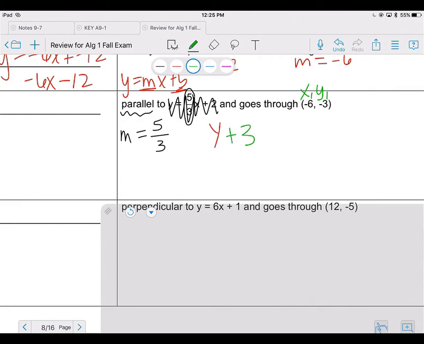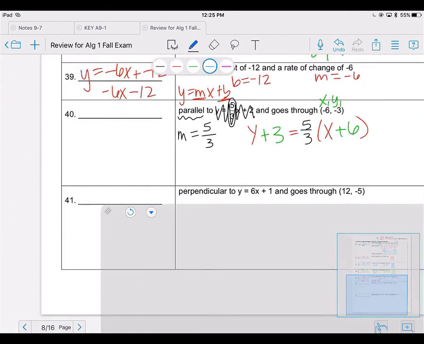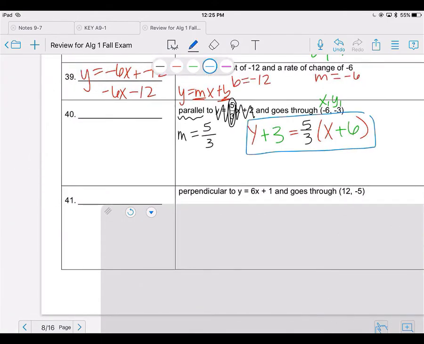Y opposite of my y point equals m times x opposite sign of my x point. Now they don't really tell us that we need to change this, so we could leave this as is. Y plus 3 equals 5/3 x plus 6. If you do solve it by hand, you should get that.